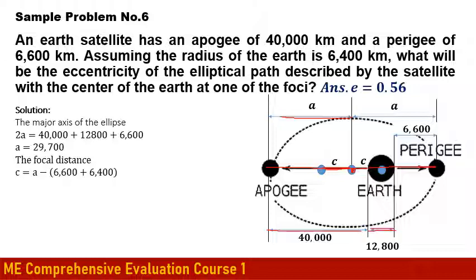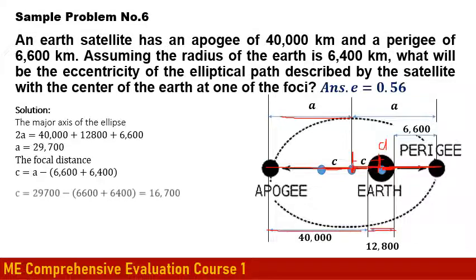Because if this is a, the distance from this one to here is a, then our c would be equals to a minus this 6,600 here, and the radius of the Earth, that is 6,400. So this is how we can get the value of c.